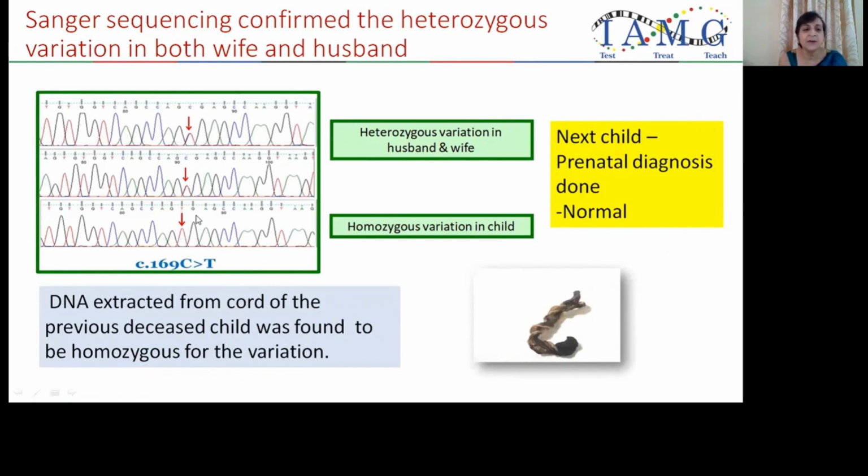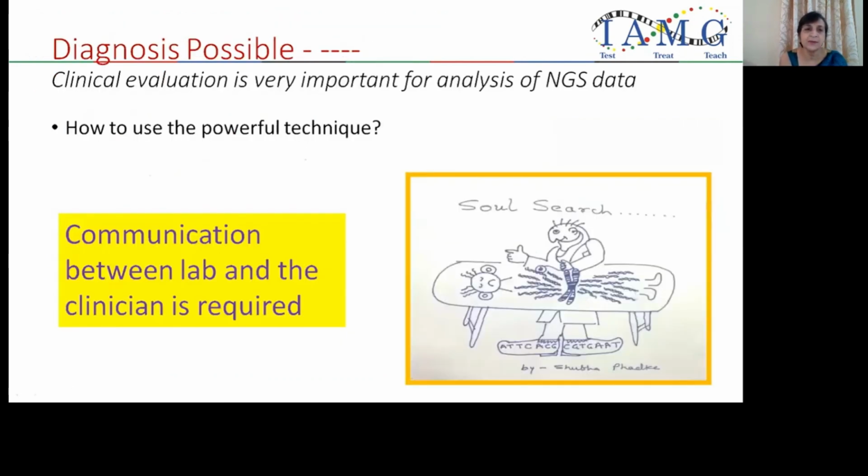And this really was helpful to provide prenatal diagnosis during the next pregnancy of the mother, and the child was normal. So such type of diagnosis, which was impossible a decade ago, has now become possible. But for all this, detailed clinical evaluation continues to play an important role for analysis of NGS data.